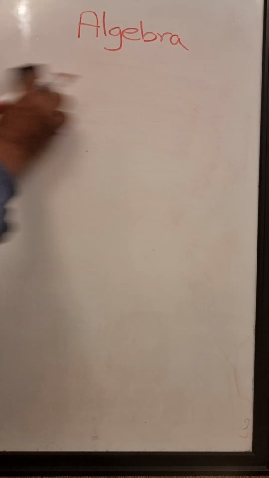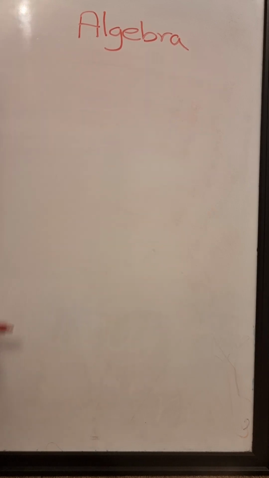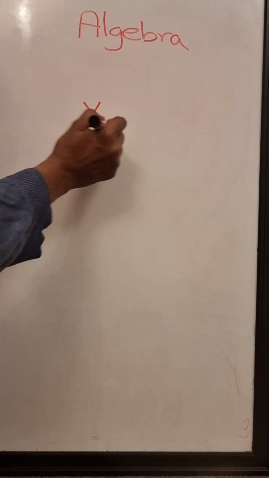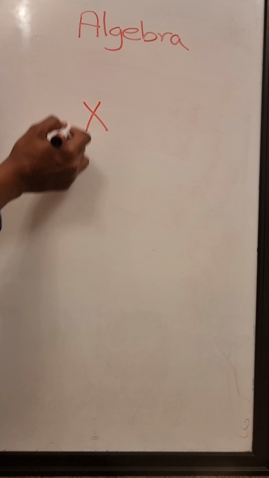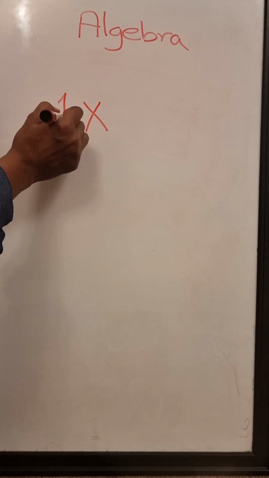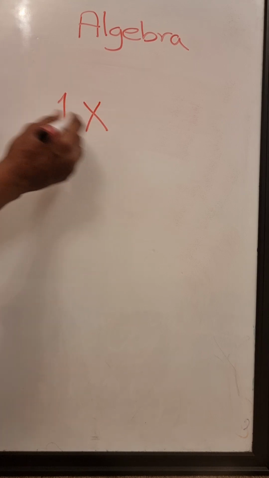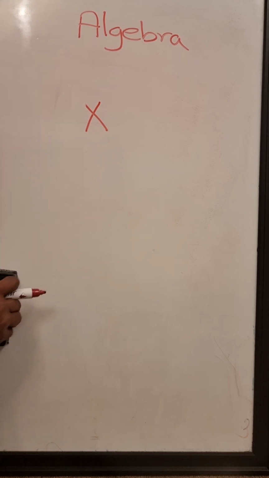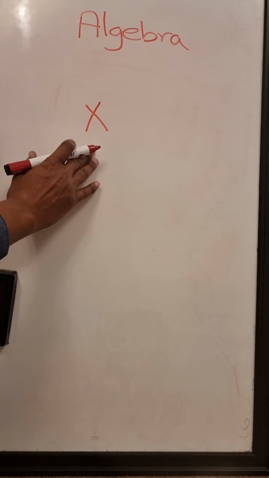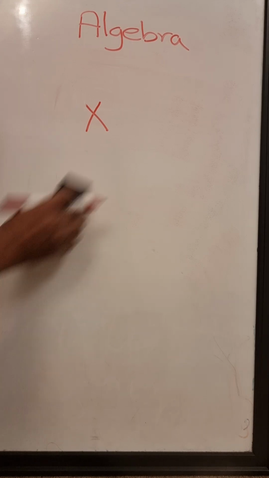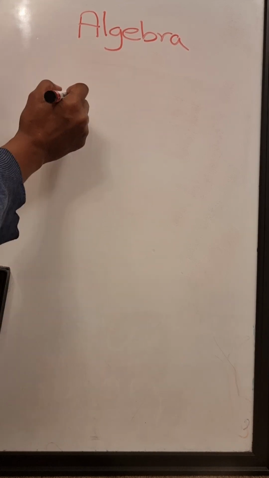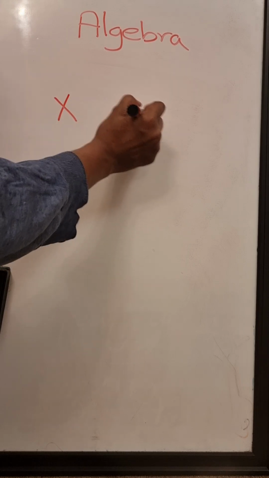So the same thing happens in algebra. Whenever I say x, that means I am having 1x, but I don't specify the number. I don't say 1x. If I'm having 2 x's, I'm having x and I'm having another x.